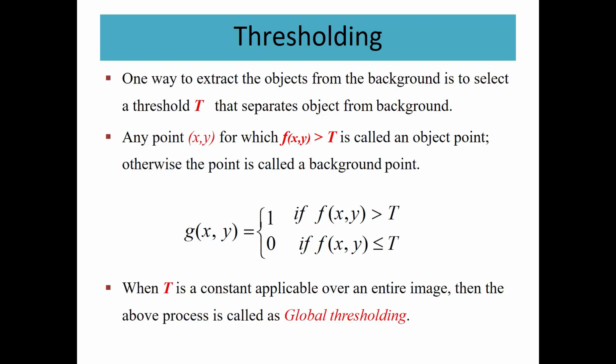So the segmented output image g of x comma y is equal to 1 if f of x comma y is greater than T, or 0 if f of x comma y is less than or equal to capital T, where T is a constant applicable over the entire image. Then the above process is called global thresholding.